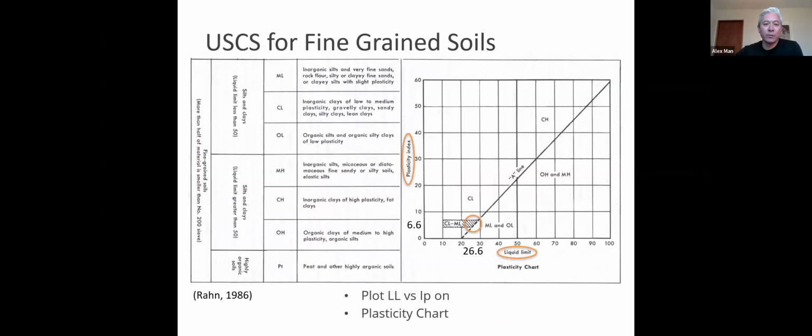Then we take that to what's called a plasticity chart and just plot it on this. Again, this is for reference, but what you can see here is the 26.6 plotted down here and the 6.6 plotted here, and it gives us an ML. So that's a silt. M is for silt, L is for low plasticity. Okay.